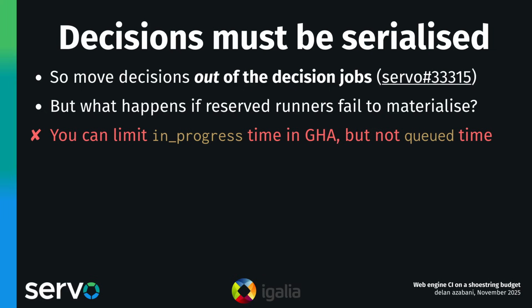So we have to rely on the default built-in limit for all jobs, where I think there's a limit of a day or two, so like 24, 48 hours or so for how long a job can be queued. And this is just a really long time. So as a result, whenever this happens, you essentially have to cancel the job manually. Or if you don't have permission to do that, you have to go ask someone who has permission to go and cancel your job for you, which is really annoying.